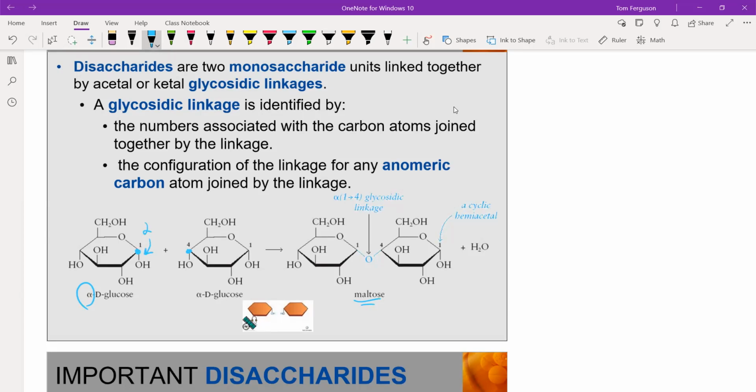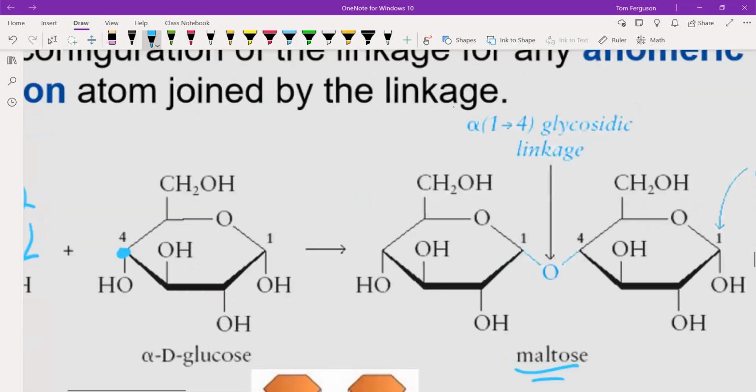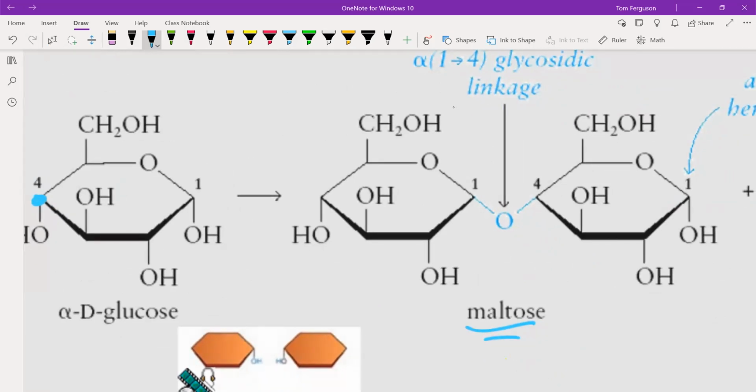When it combines, it has to stay down. That's why it's pointing downward here, with alpha.